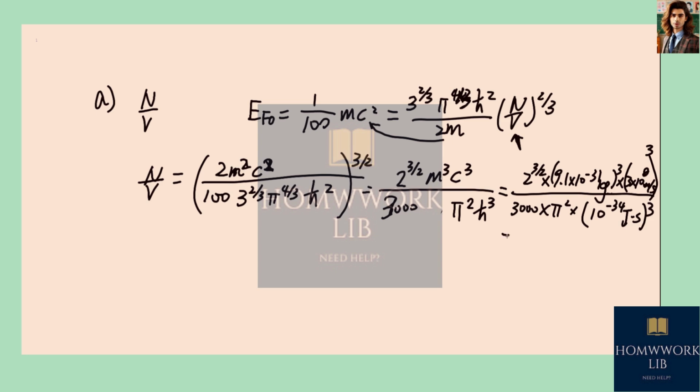And this gives us 1.67 times 10 to the 33 per meter cubed. So this is going to be the number density.